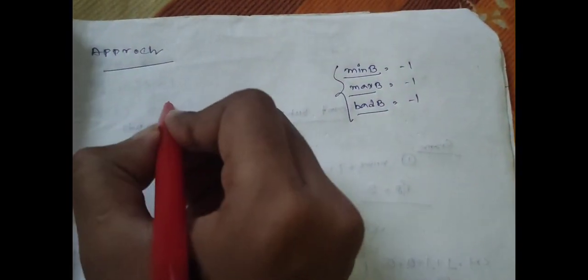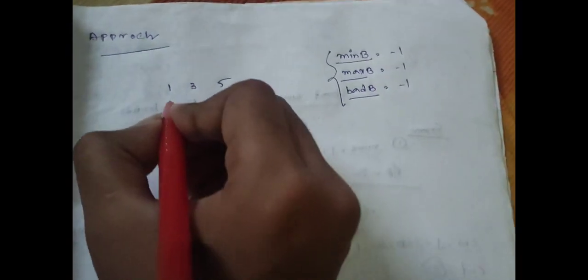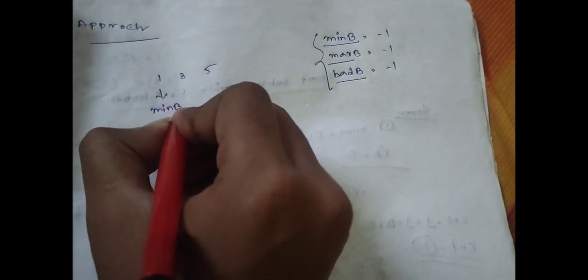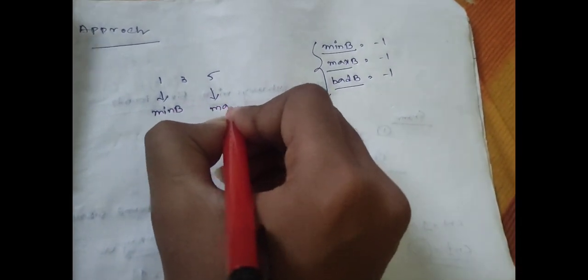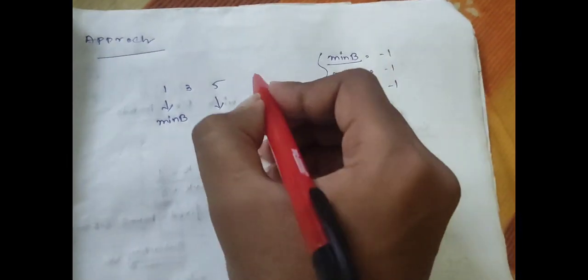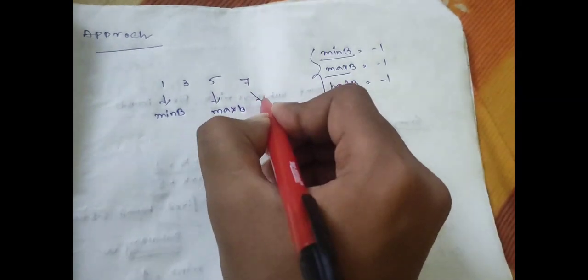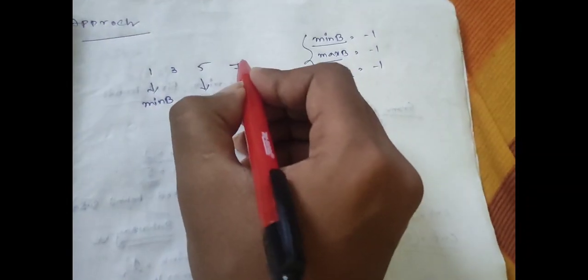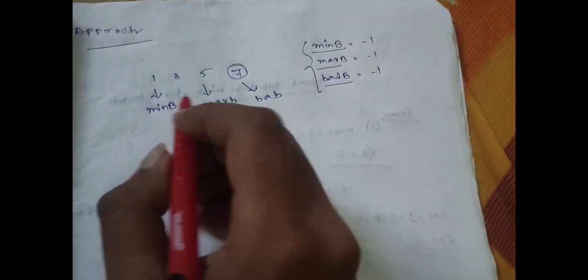Just like 1 3 5, the min boundary is this, and the max boundary is this, and 7 is the bad boundary because this never satisfies the condition. So I just initialize all of them to -1. Now we initialize a count that is 0.